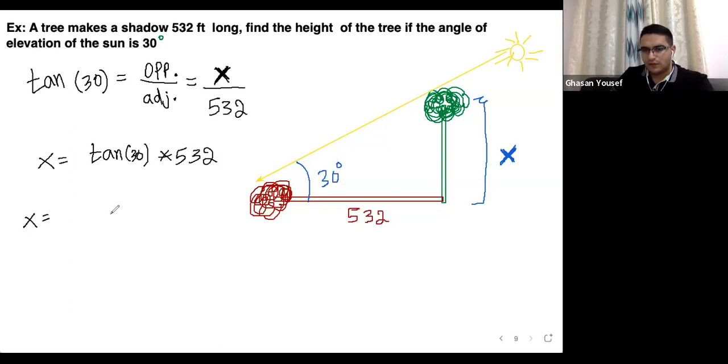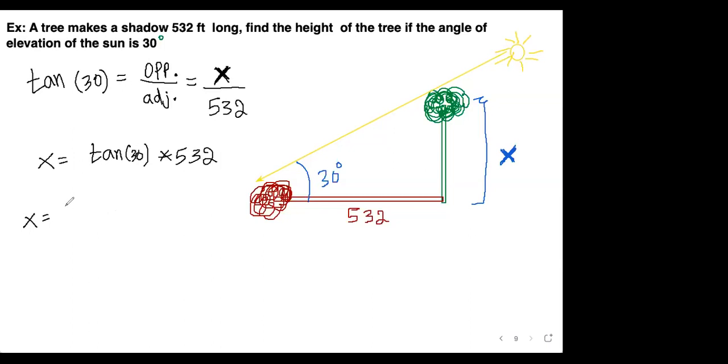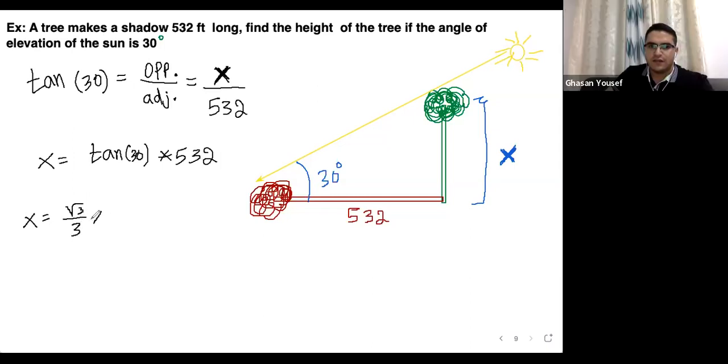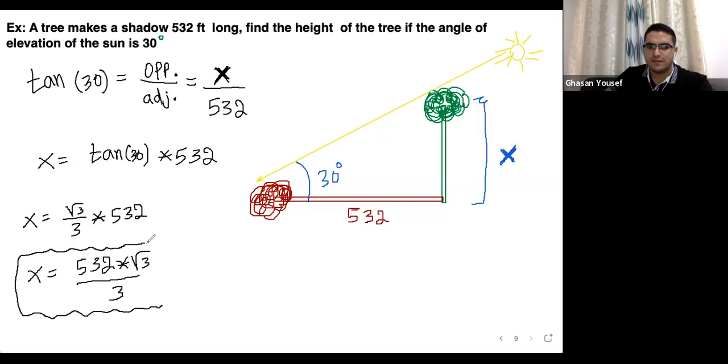I think it's square root of 3 over 3. Exactly, the square root of 3 over 3 times 532. So x equals 532 times the square root of 3 over 3. This is my answer. This is the length of the tree.